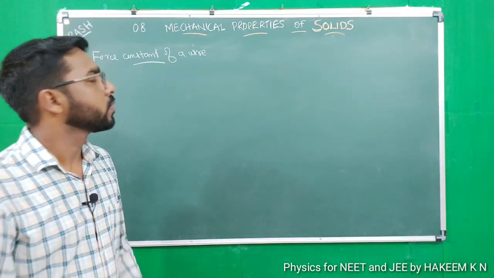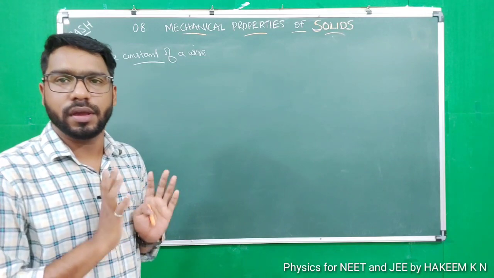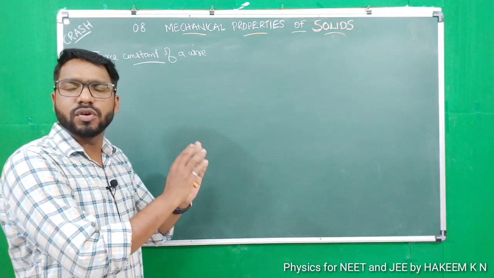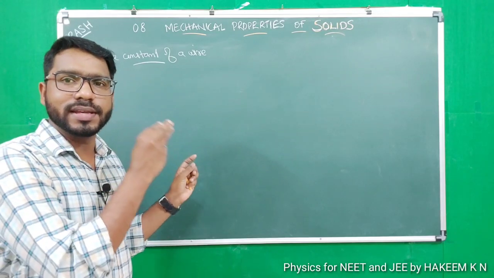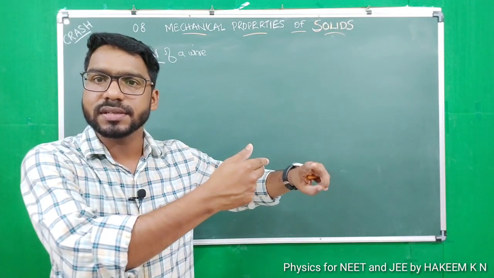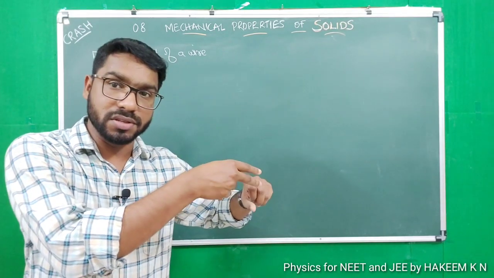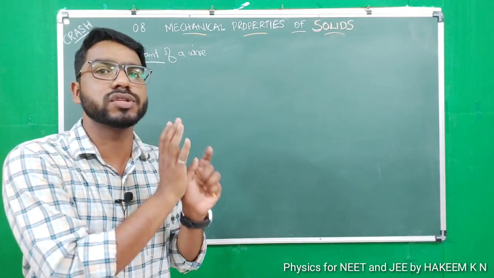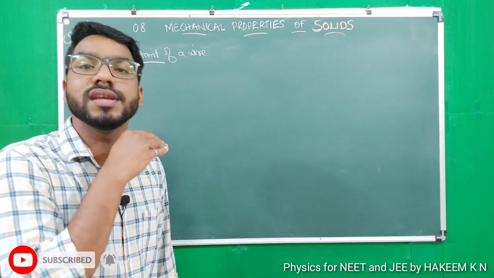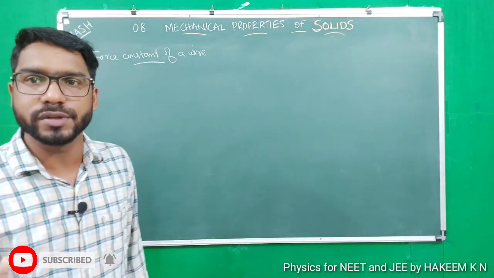Force constant of a wire. We know that for a rubber band or an elastic body, as external force acts, its length changes. When length is changed, a restoring force acts inside the material due to the spring action of intermolecular force.